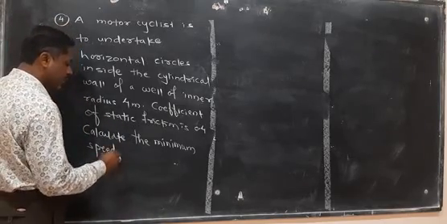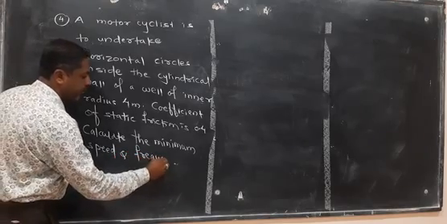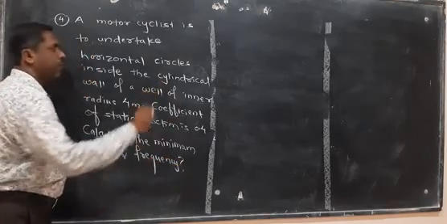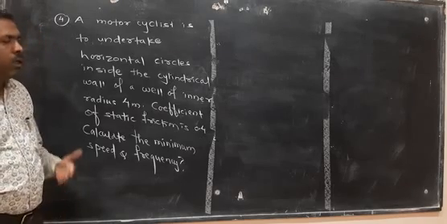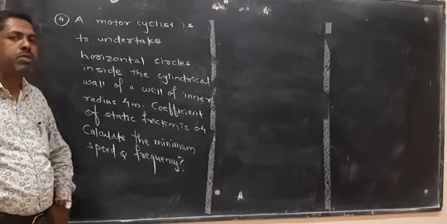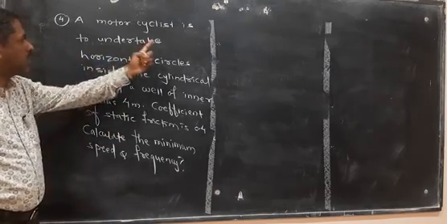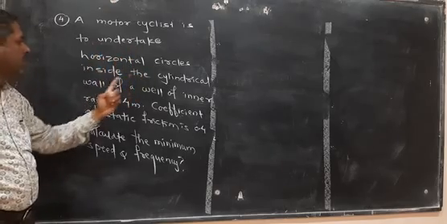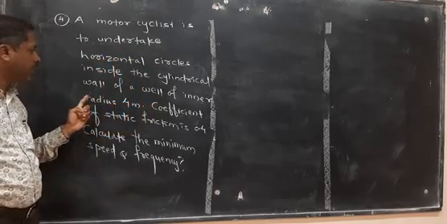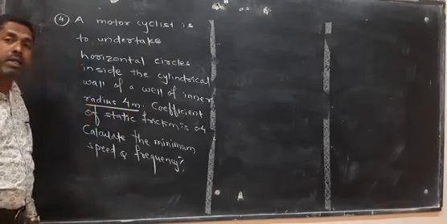So first of all, let us see this. Calculate the minimum speed and the frequency. This is an application based on UCM. Yesterday we have seen the numerical based on that. A motorcyclist is to undertake horizontal circles inside the cylindrical wall of a well of inner radius given.